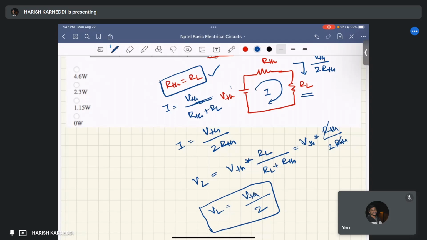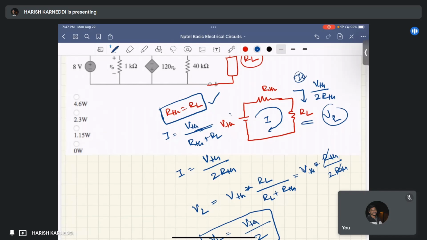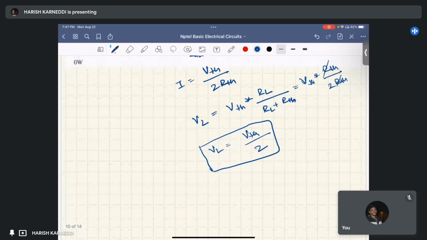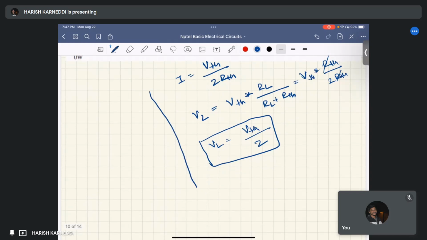You know the voltage across this resistance, that is VL, and you know the current through this resistance, that is IL. You can find the power, right? The power can be written as PL, I'm writing here, PL equals VL into IL. I can write like this, right?